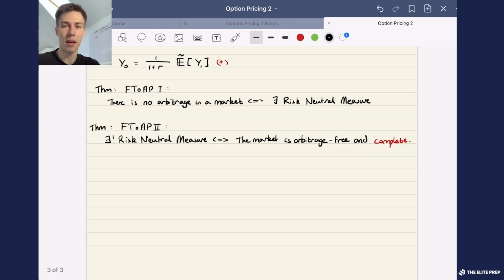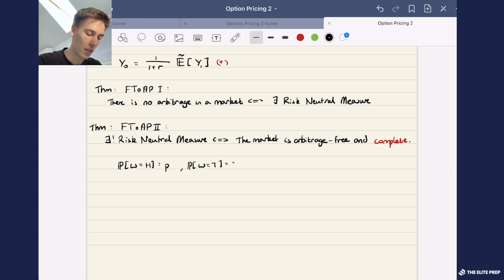Remember that the risk-neutral measure required us to have a measure which is equivalent to our market measure. Our market measure was probability of omega equals heads equals p, and probability of omega equals tails equals q, where p and q are both greater than 0.